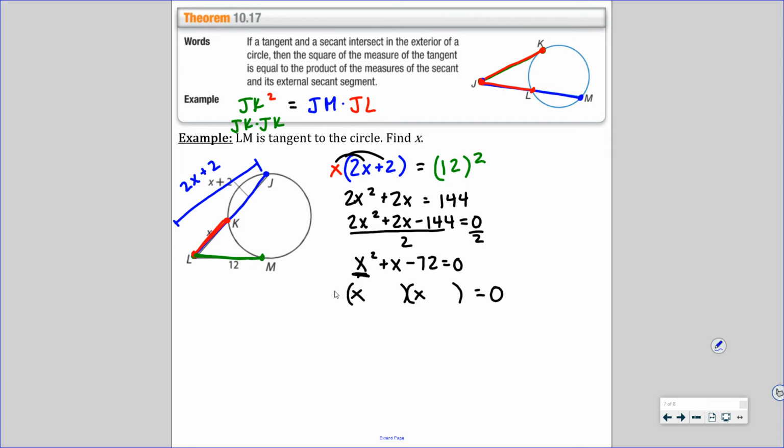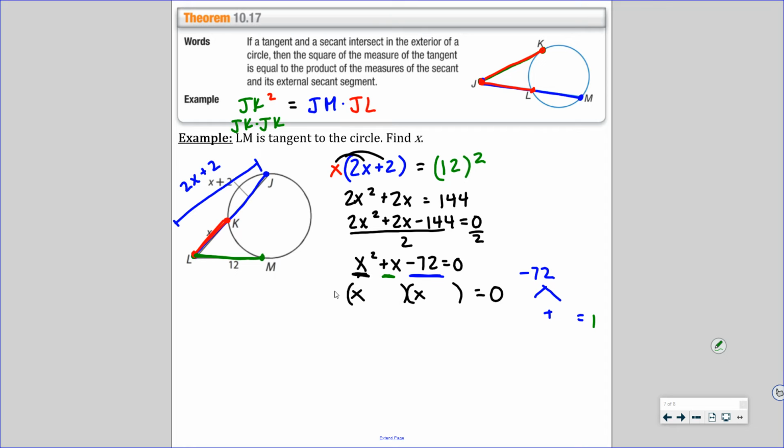Then you look at this number right here, which is negative 72. This is how I show my work. I'm not sure what you've been taught. So I find 2 numbers that have a product of negative 72, but when I add them, they give me the number in front of x. What's my number in front here? 1.